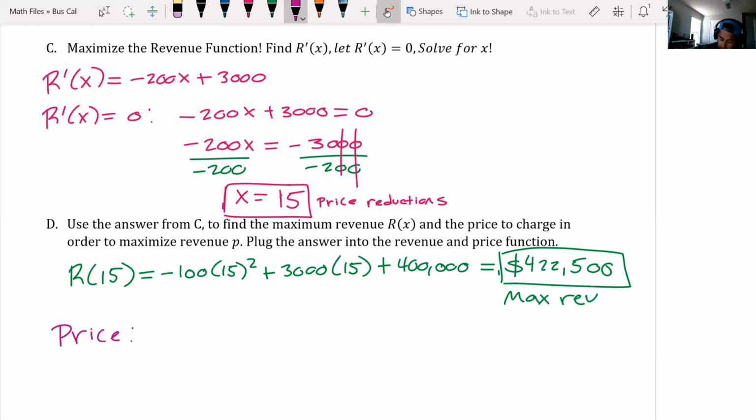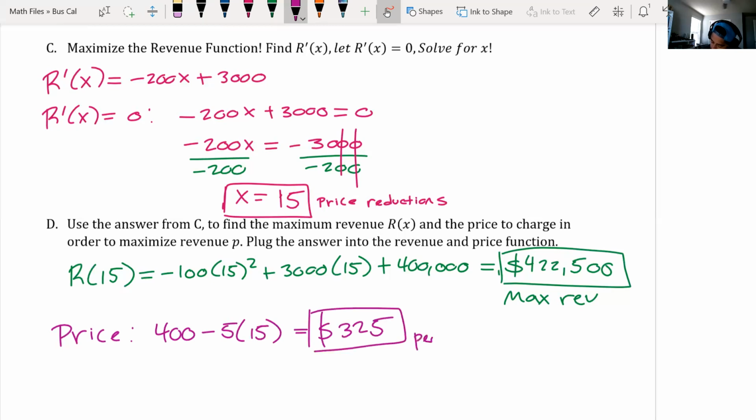Okay. And price was 400 minus 5x. So you have 400 minus 5 times 15. So that's going to give us 325 per ticket or per person.